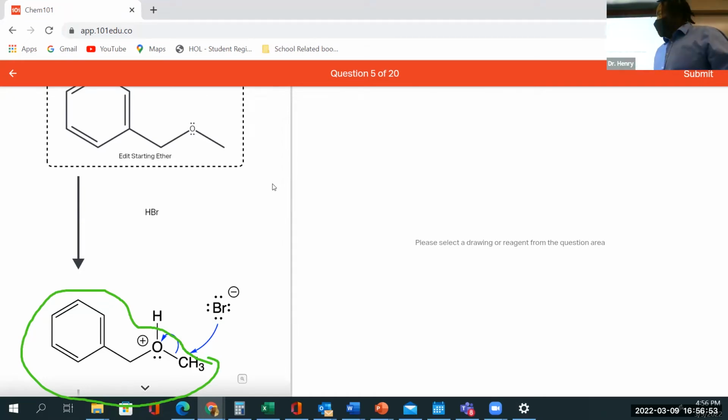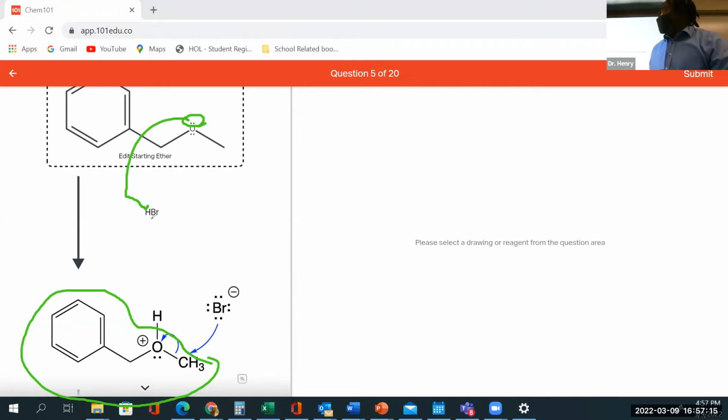You're saying it's coming off of the oxygen. The ether, is that what you're saying? The ether is donating its electrons to the hydrogen, right?